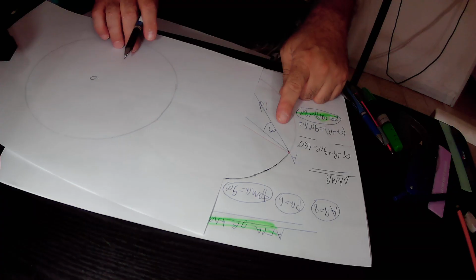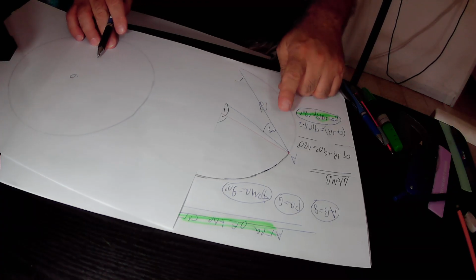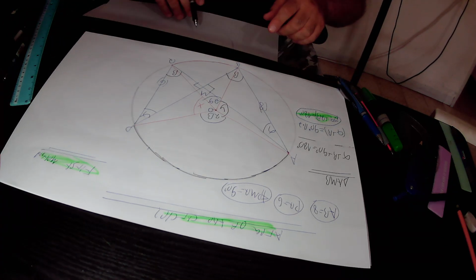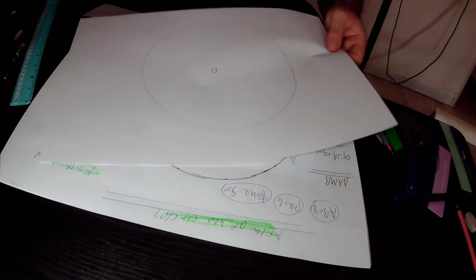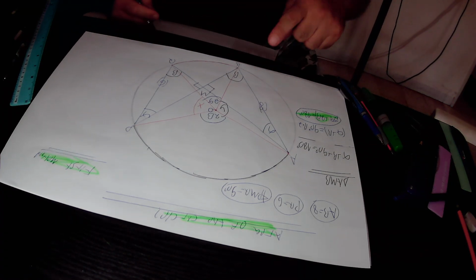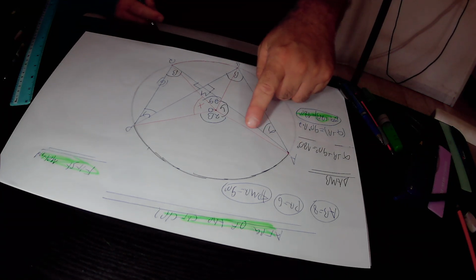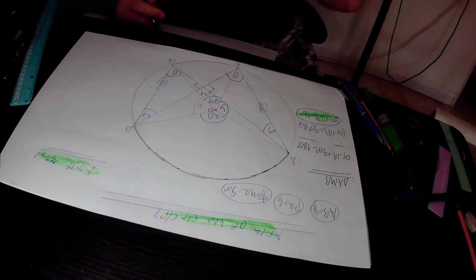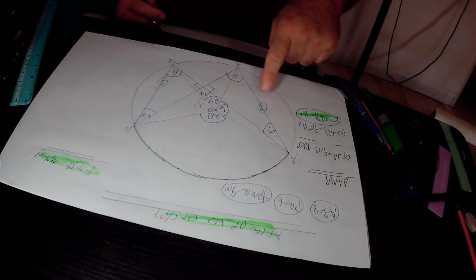So actually, those two circles are identical. And then point O is the center of the circle. In the next step, I'll copy this center angle AOB with chord AB.